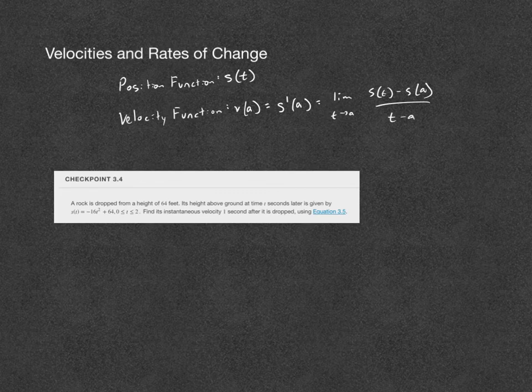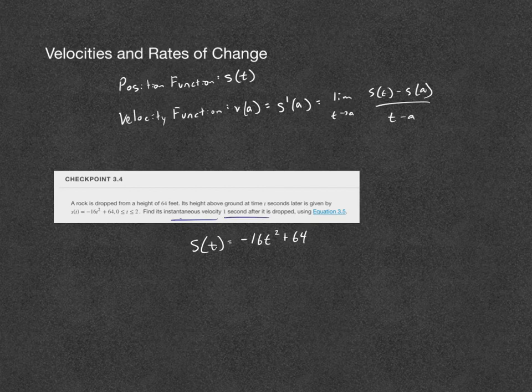And we'll see in this example, our function s of t, pause the video if you want to read through the entire example, is negative 16t squared plus 64. I want the instantaneous velocity 1 second after it has dropped.